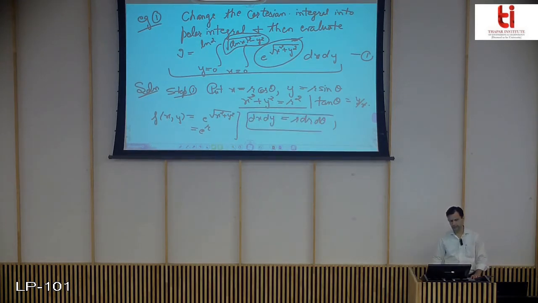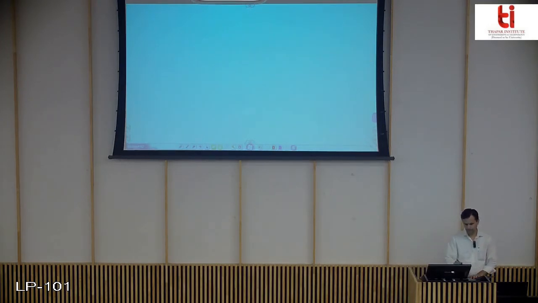So we changed the function f(x,y) into polar, and we changed this dx dy into polar. So the integral becomes I equals the integral of e raised to power r, r dr d theta.